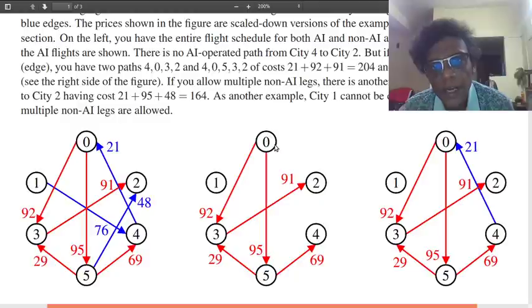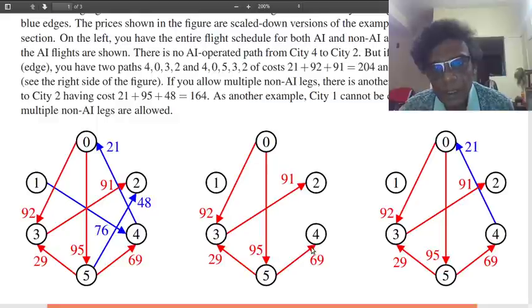But suppose I had another edge 0 to 2, then I have to compare this plus this with this cost. Whichever is smaller, that will be my shortest path. So if you run the Floyd-Warshall algorithm for all pair shortest paths, you find out complete Air India connectivity.